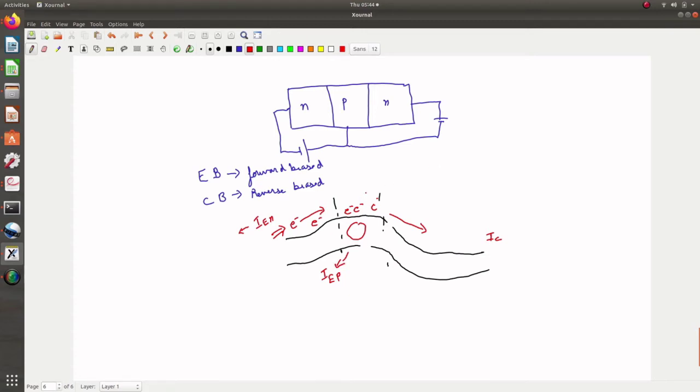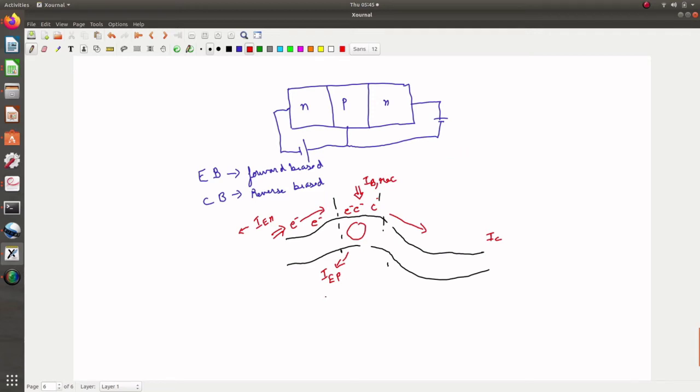And in order to facilitate the recombination, we inject a base current IB. This current is instrumental for the recombination.